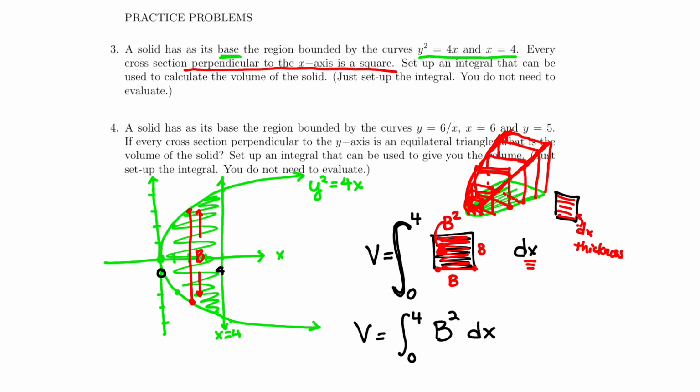So when we talk about a vertical base, one perpendicular to the x-axis, that base stretches from this curve to this curve, top curve to bottom curve. So I'm going to write that in my notes as well because, like I said, I want to be extremely detailed on this first example. B represents the distance from the top curve down to the bottom curve.